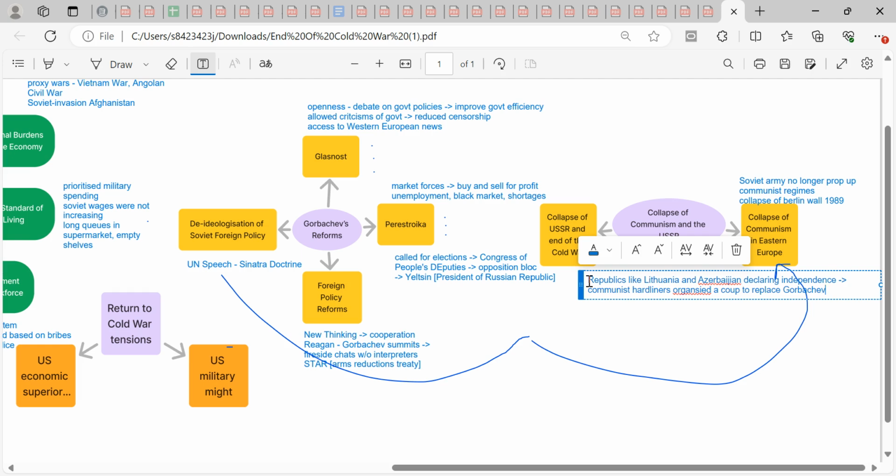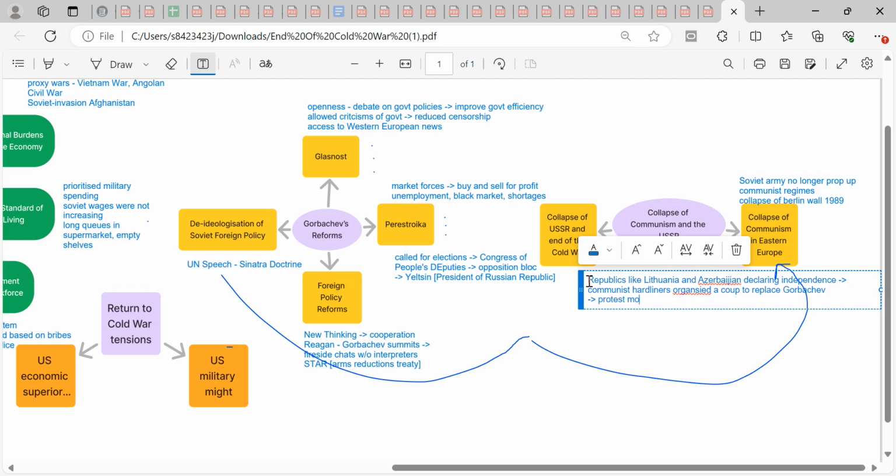They form a committee to run the Soviet Communist Party to deal with the emergency situation of all these republics declaring themselves to be independent.